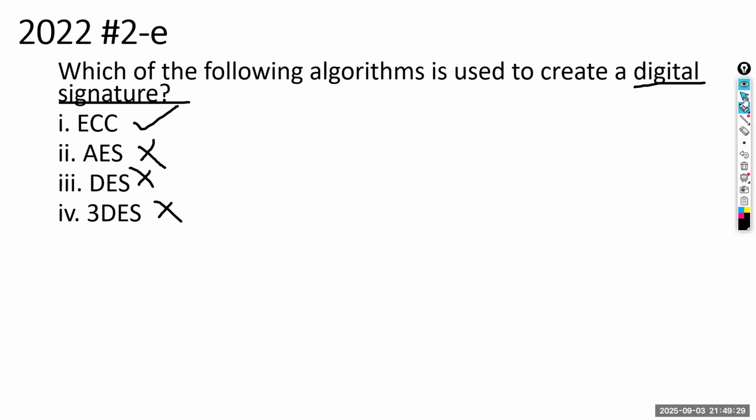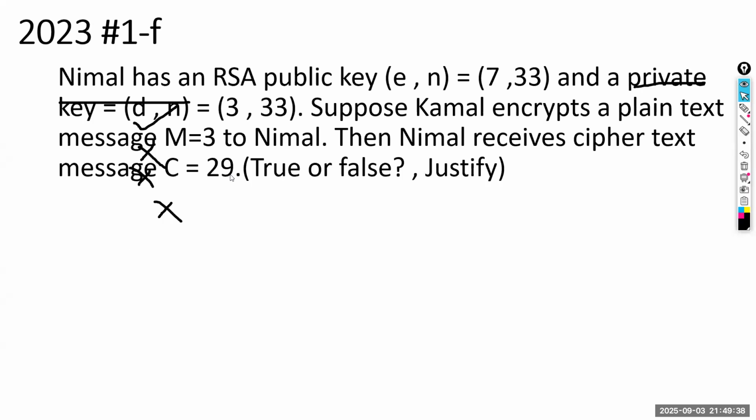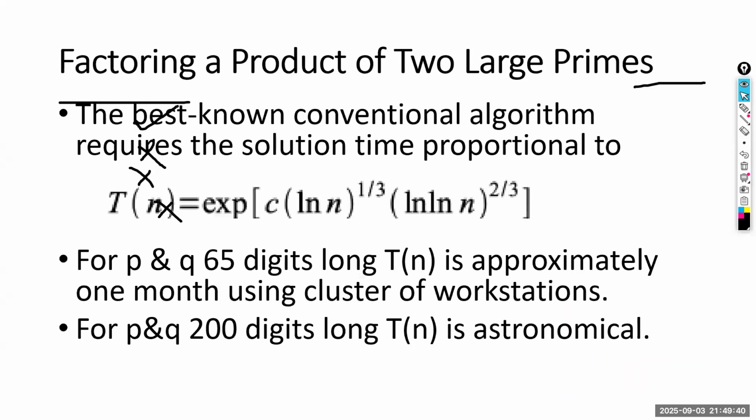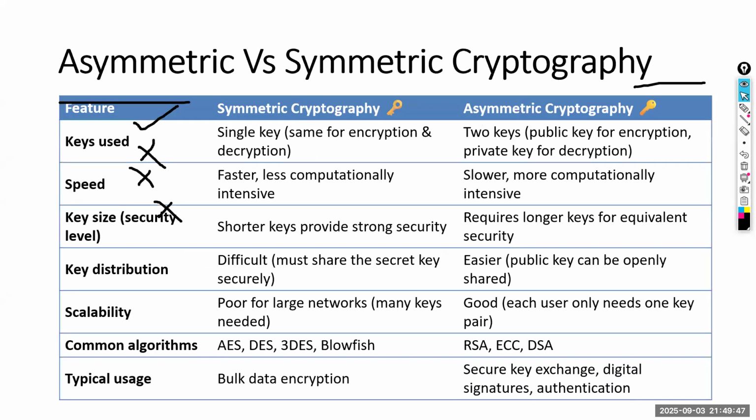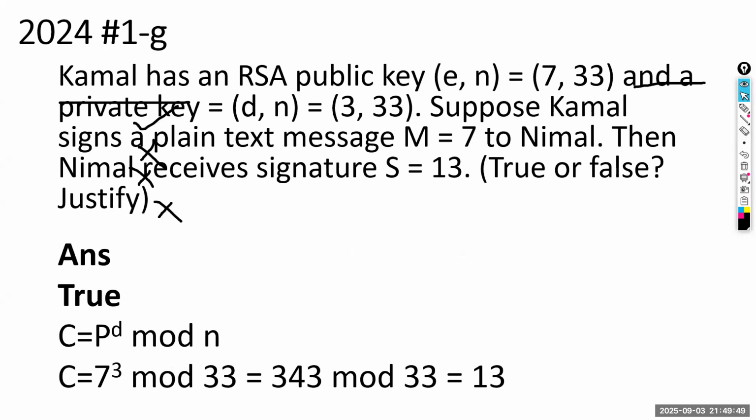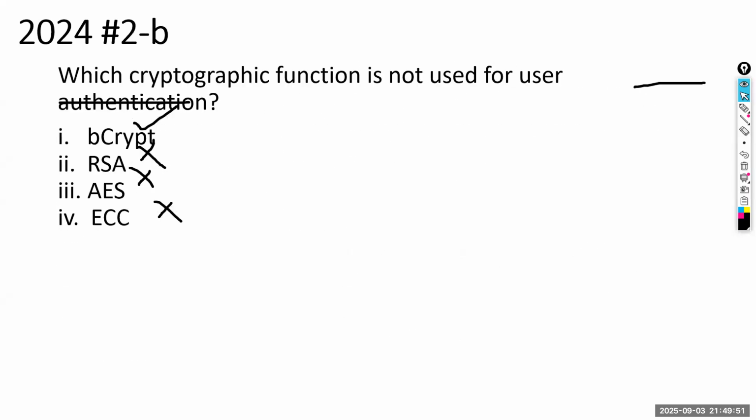And the third one we discussed that can be used only for digital signing, but not for encryption, decryption. What is the third one we discussed? Yeah, DSA, right? Digital signature algorithm, but that can't be used for encryption, decryption. Okay.